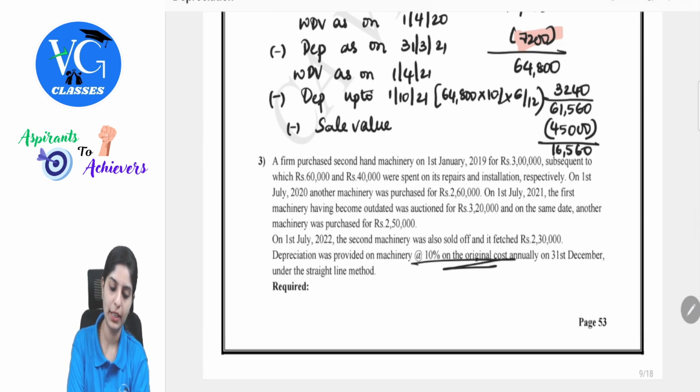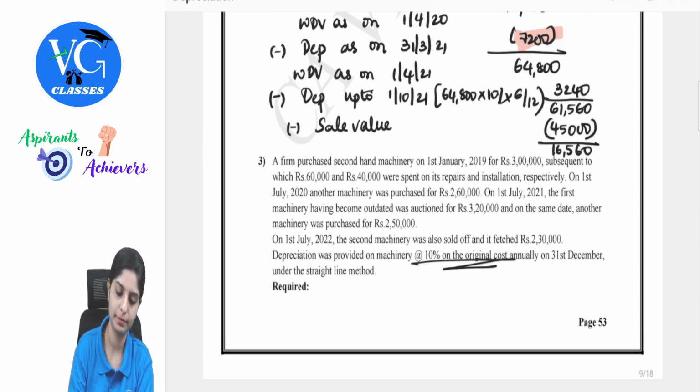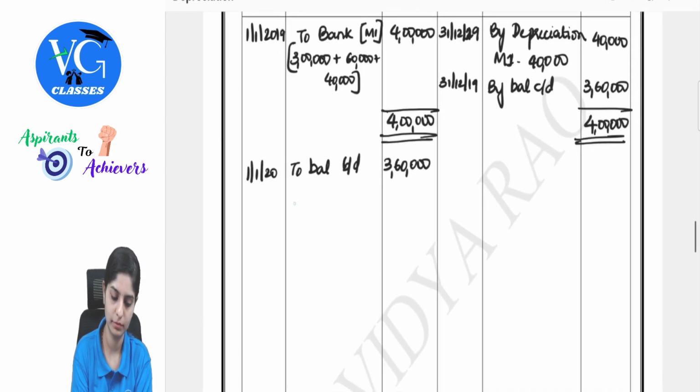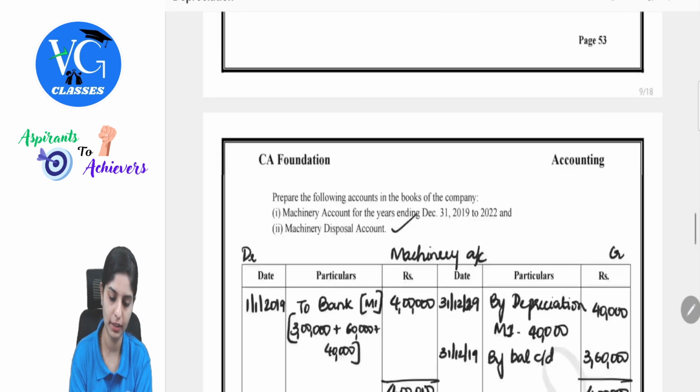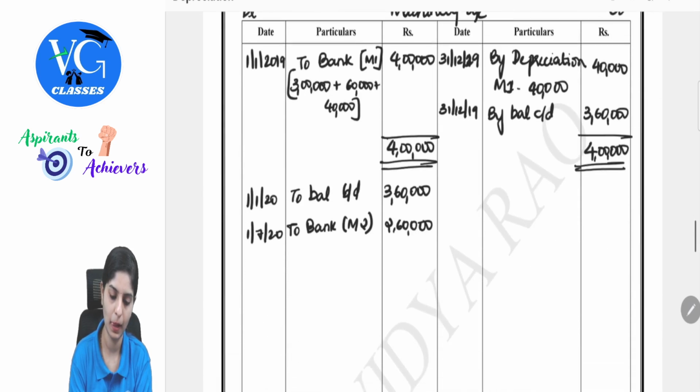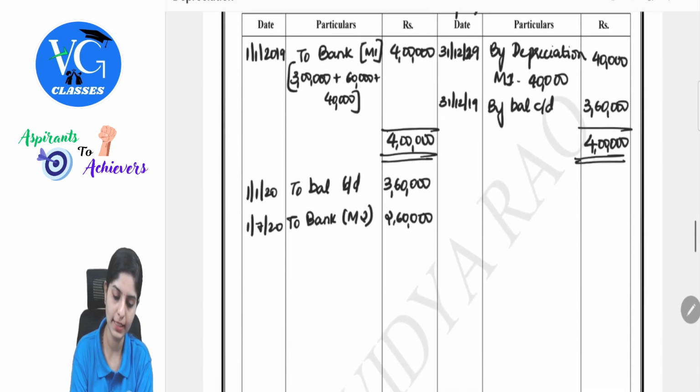In the year 2020, there are some transactions happening. On 1st July 20, another machinery was purchased for 2,60,000. To bank, machinery 2,60,000. That is 1st July 20. Correct? Yes. So for both of these assets, I need to record depreciation.